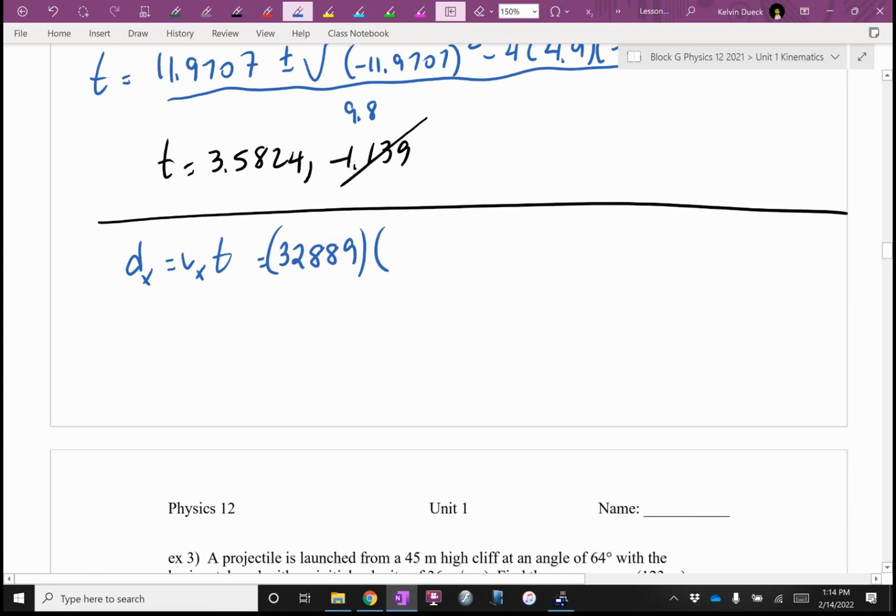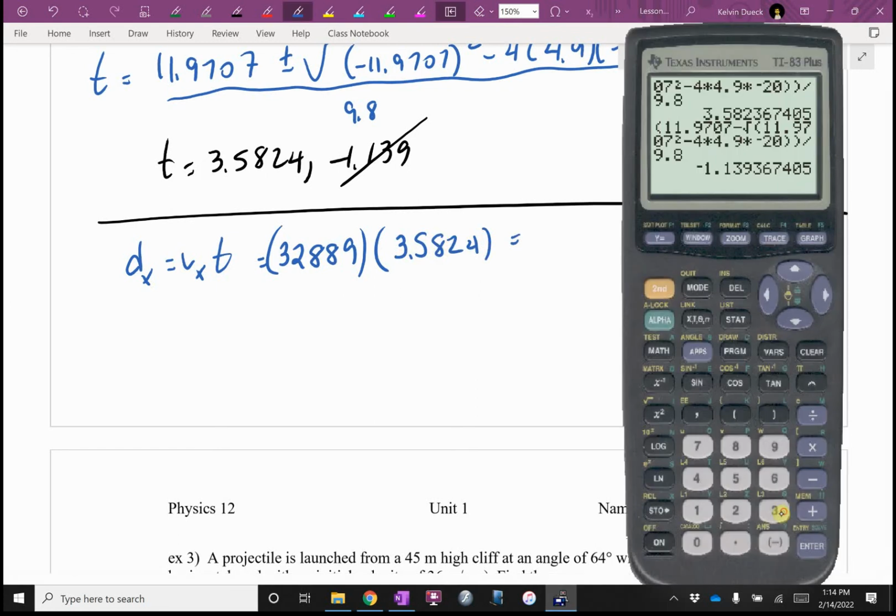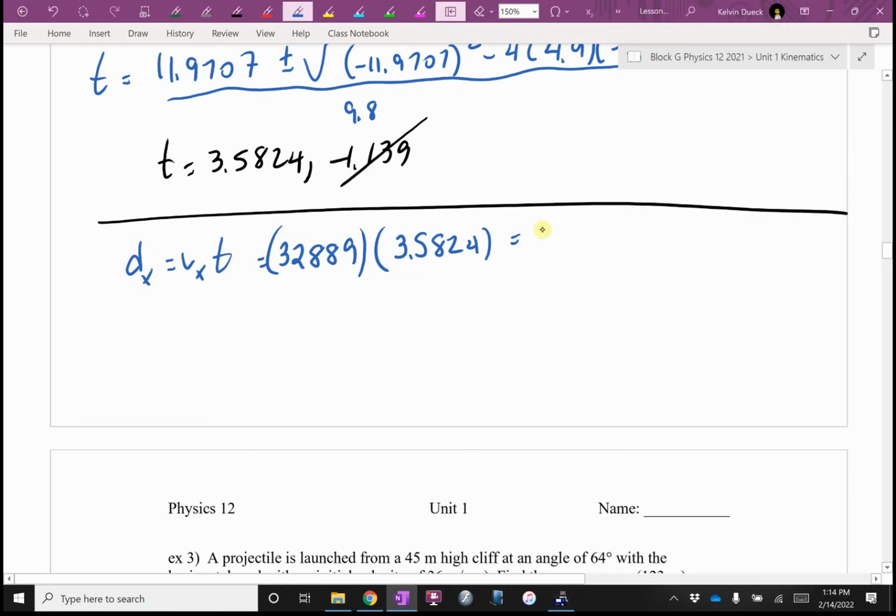What was t? 3.5824. And I get 118 meters. Is that right? People nodding? 118 meters.